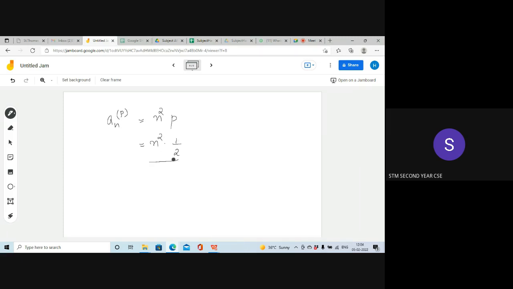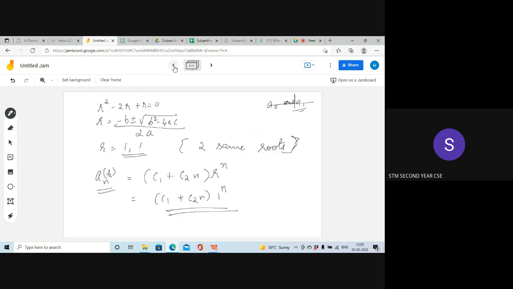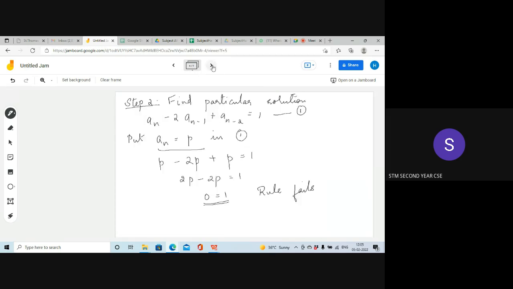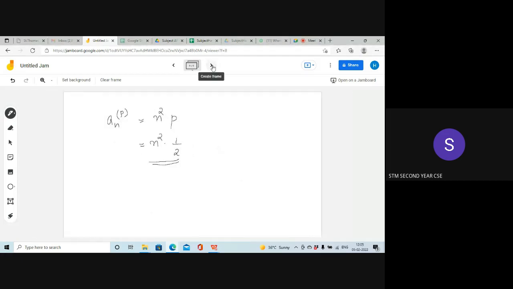Now we got the particular solution. Earlier we found the general solution also, the homogeneous part also, isn't it? Here we found the homogeneous solution, an of h. We had found out an of p. Now, what is the general solution?